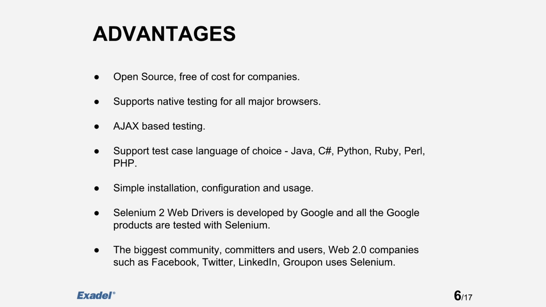This is the first automated web testing tool that allowed users to use programming languages they prefer. As of version 2.25.0, Selenium can support the following programming languages: Java, C#, Python, Ruby, Perl, and PHP.